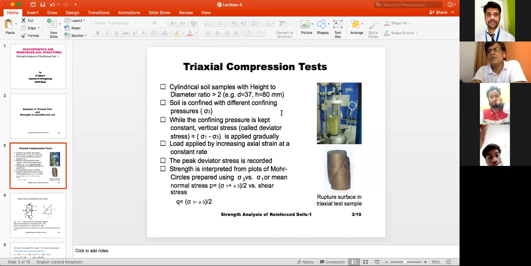If you go deeper, say 10 meter depth, then the overburden pressure increases and the confining pressure increases, as the density of the soil increases. That is the basic reason that as you go deeper, you find denser soil. Near the ground level, the sample generally becomes loose. In local language we call it dense and loose strata.